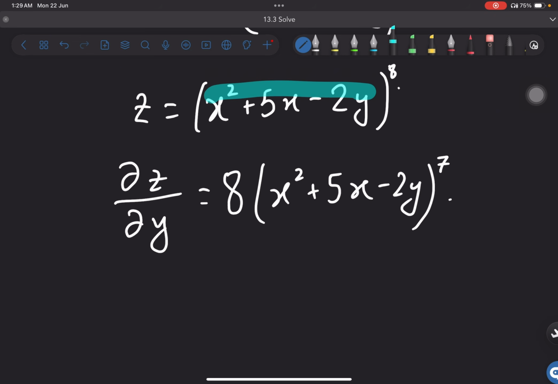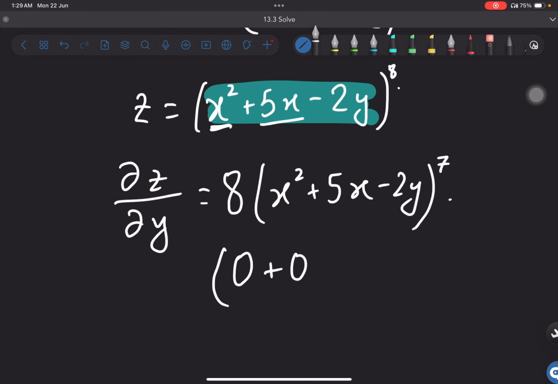Now we need to differentiate each of these elements individually. So when we do that, it becomes x squared. Again, there is no y element in x squared, so this becomes 0. There is no y element over here, so this entire thing is a constant, which also becomes 0. And then minus 2y simply becomes minus 2 into 1, because differentiation of y is 1.